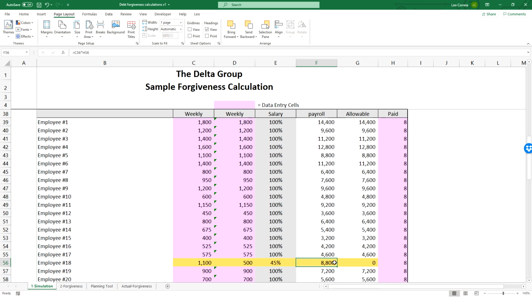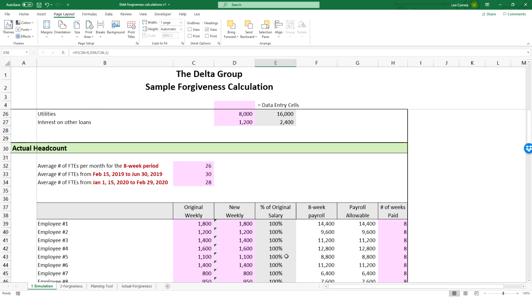Even though they may receive actual compensation, none of their pay is deductible or allowable under the forgiveness calculations, because the $500 is more than a 25% reduction in pay. So we'll go into these calculations in a little bit and how to use some of these weekly number of weeks paid.